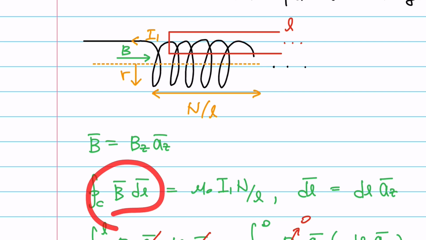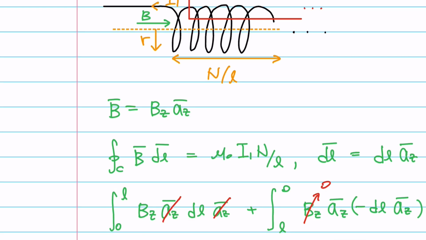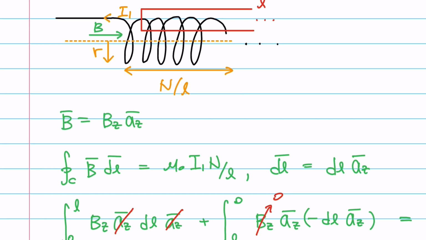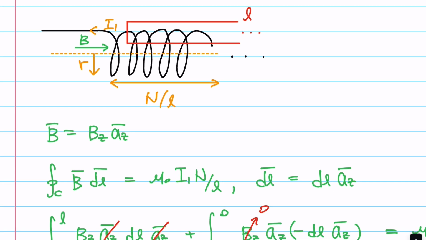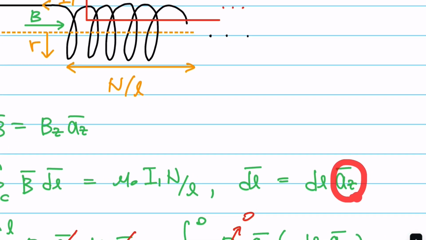In order to calculate this integration, we know what the B expression is, but we need to know what the DL expression is. DL is shown here, and you can see that it's also a function of the Z direction, so we have the AZ unit vector multiplied by a tiny portion of L.